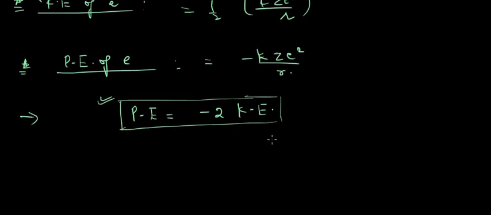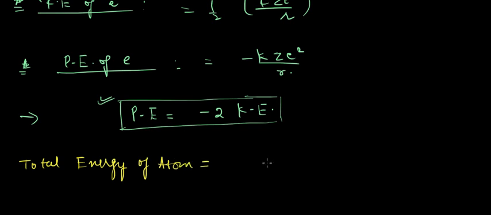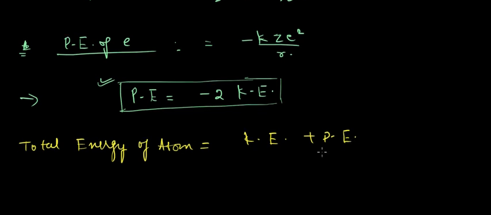The total energy of the atom would be the kinetic energy of the electron plus the potential energy of the electron. As the neutrons and protons are at rest, we will not take those into consideration. Kinetic energy is half kZe square upon r, and potential energy is minus kZe square upon r.